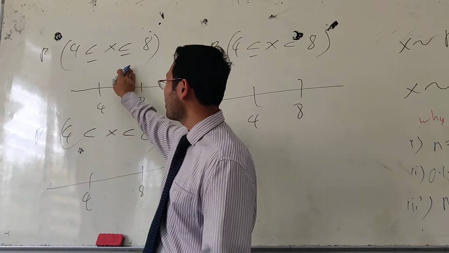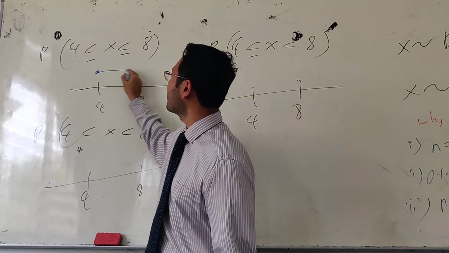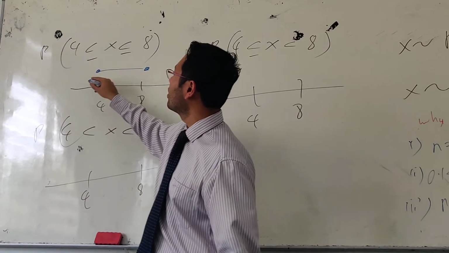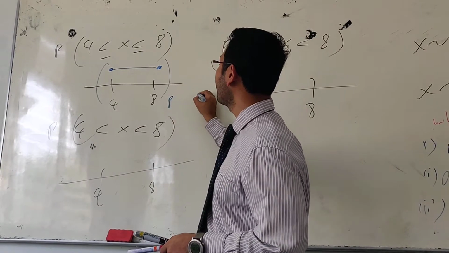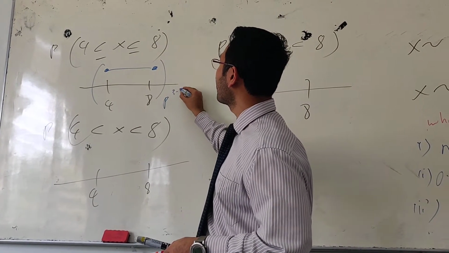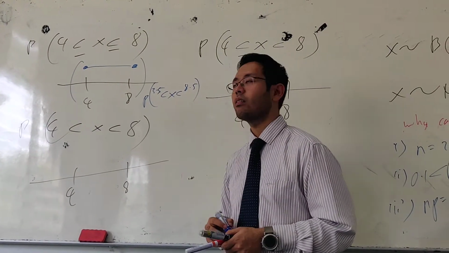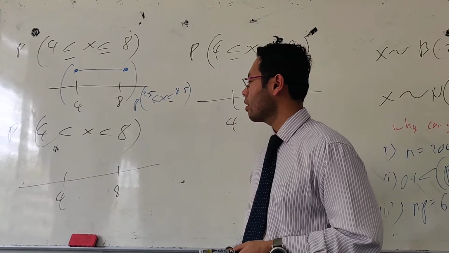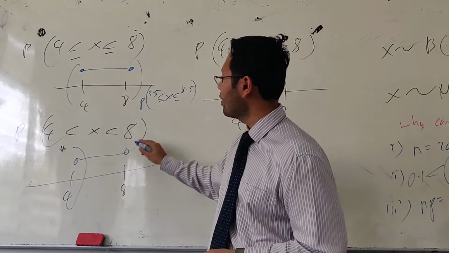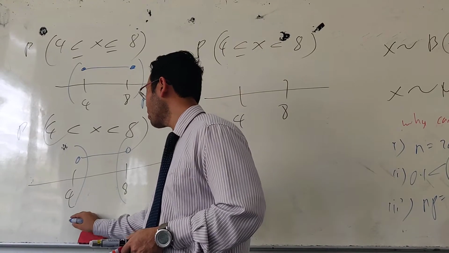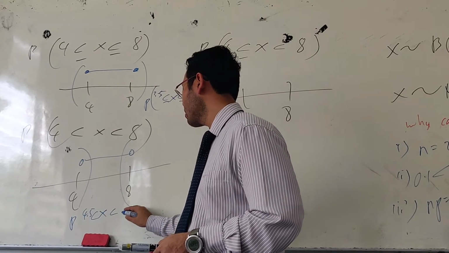Okay, so let's start. So what about this one? What do you think? So we go heading in this direction. Do you want to include the 4? So we got ourselves Px between 3.5 and 8.5. You guys okay? So this one here, I don't want to include the 4, I don't want to include the 8. So Px between 4.5 and 7.5.